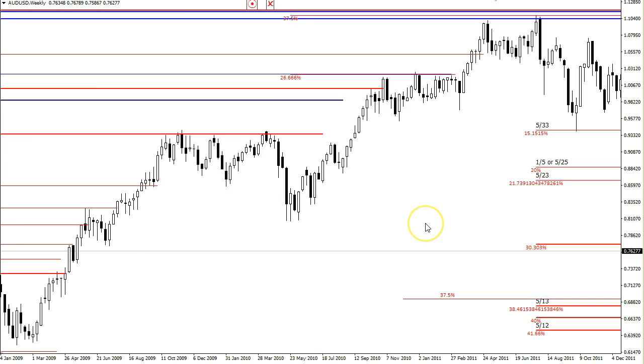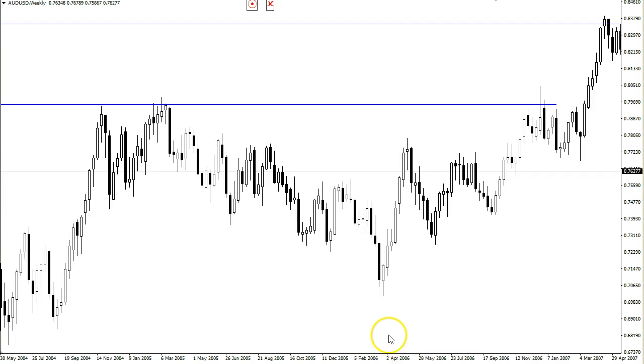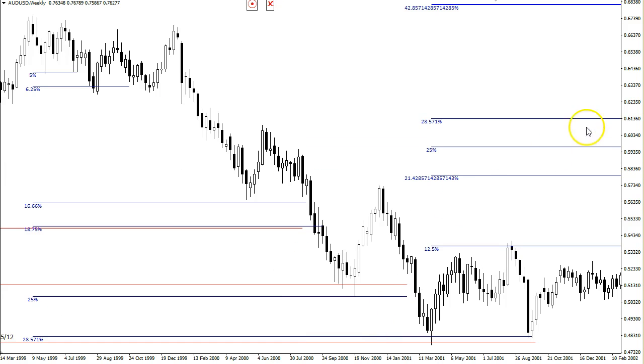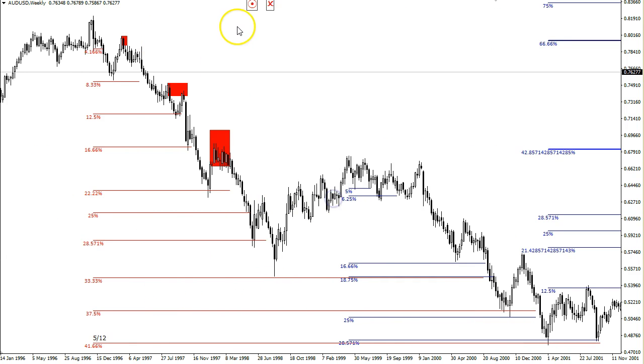But due to the relation that we have here with the number 5, we can use 38%. So back here, if we take from this major high, when we started trading, we can see that the 38 was exactly where the market stopped.